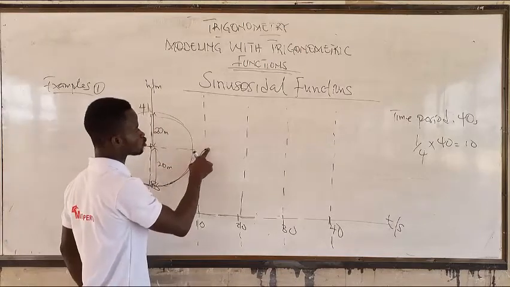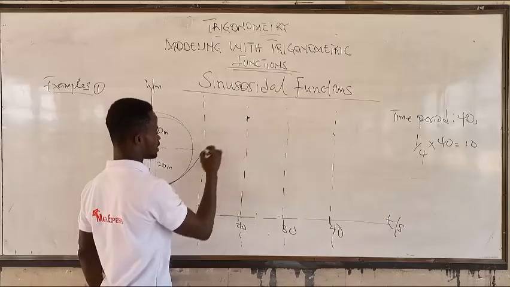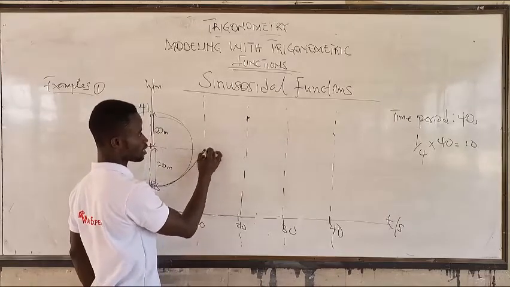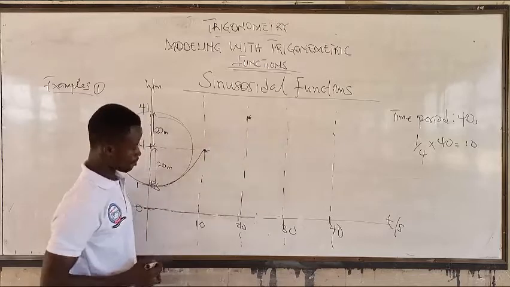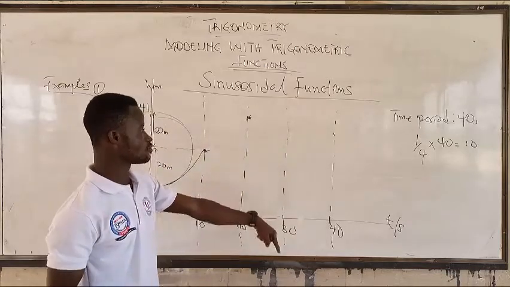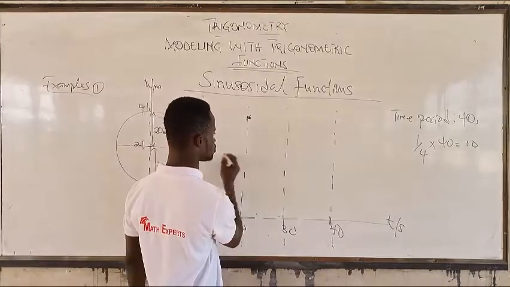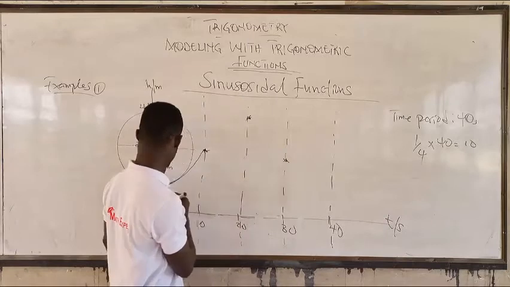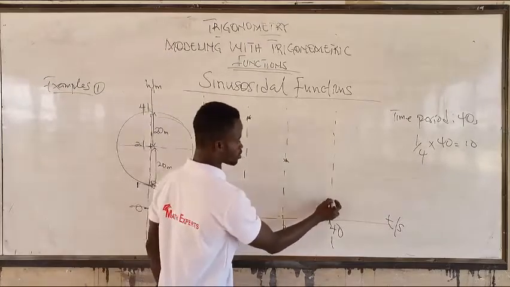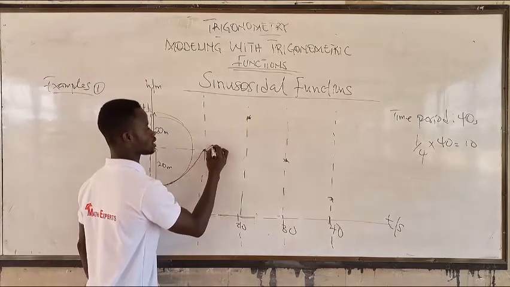So this place is also going to be 41. So it's going to have a cut here. One will be here, the other will be here. Then to come back, because it's going for one revolution, the next one too is going to be here, and the next one too is going to be here. That is how we do the graph.